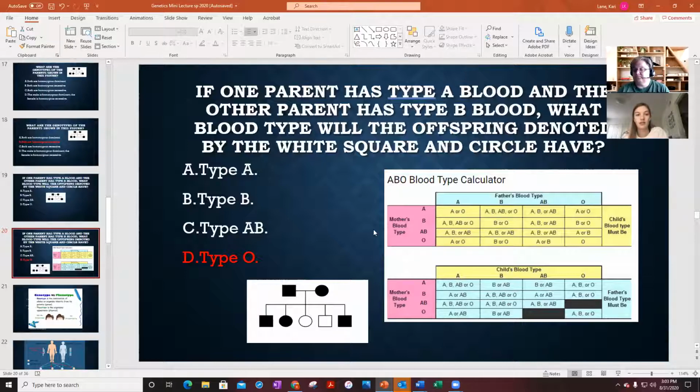Right, that makes sense. So that's why this is included in this lecture, because it has to do with the blood typing and the genetics and the allele placement and all of that.